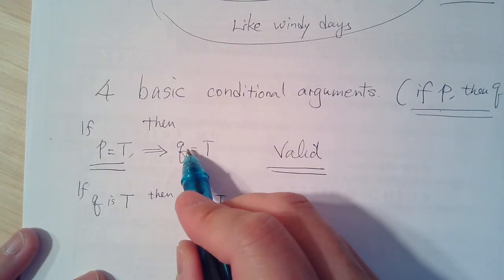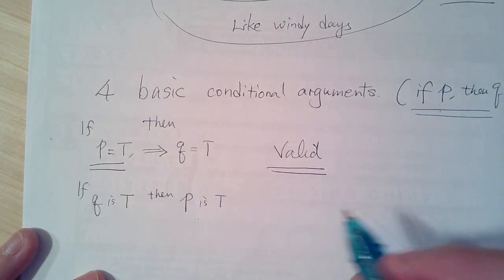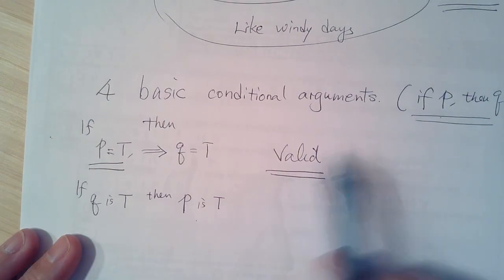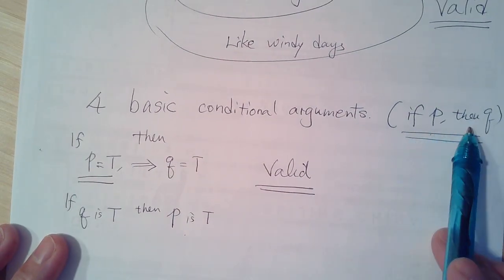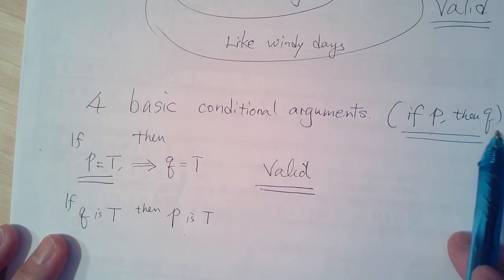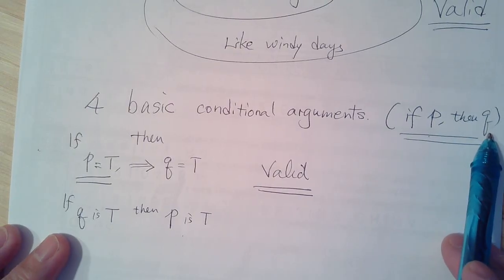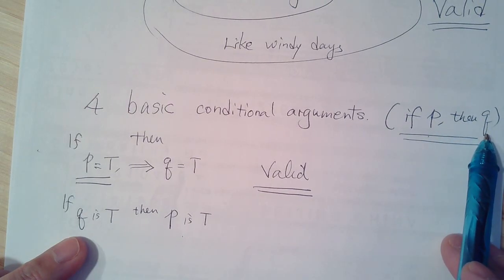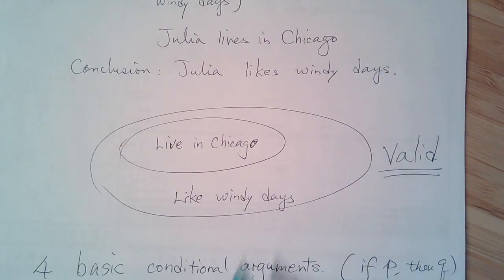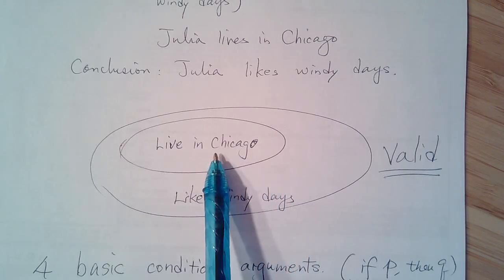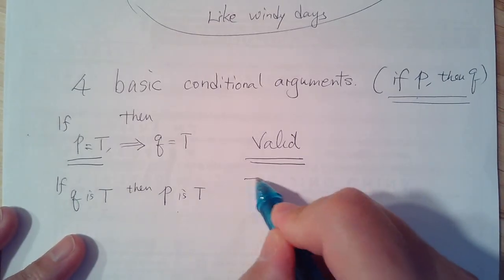Think about that. If P, then Q. If someone lives in Chicago, then this person likes windy days. Now, if Q is true, right, somebody likes windy days, then he must live in Chicago. Is that right? Of course not. Somebody likes windy days doesn't really mean that he lives in Chicago, so this is invalid.